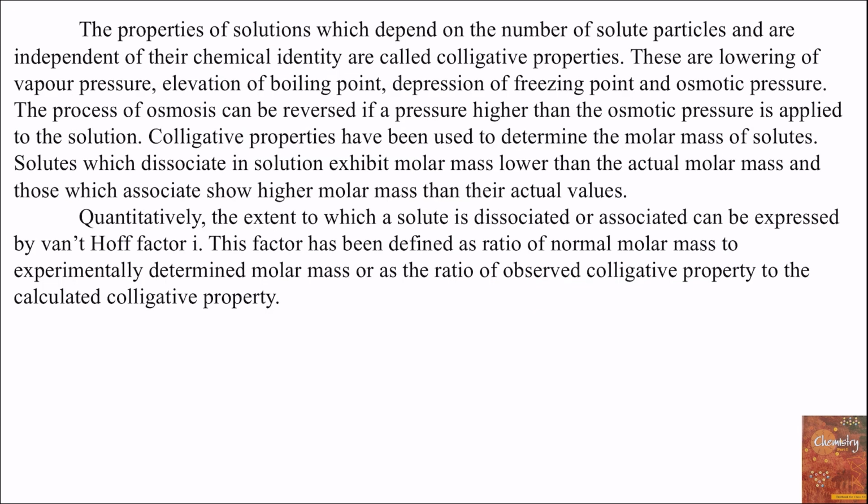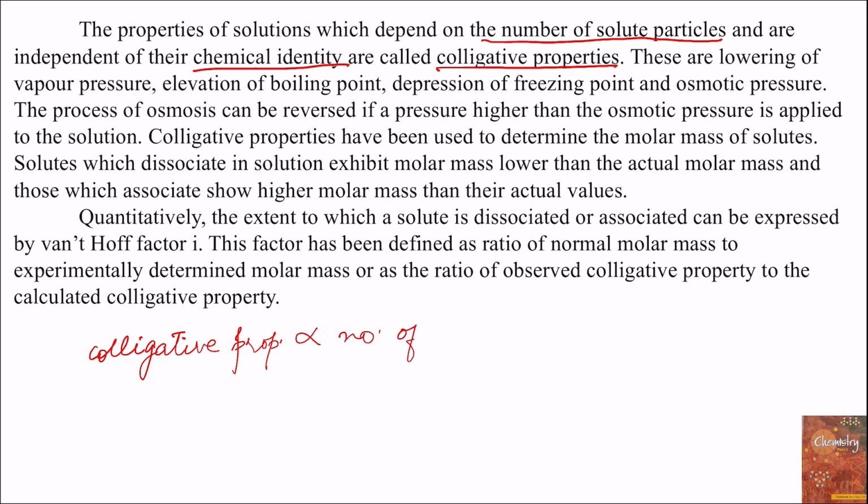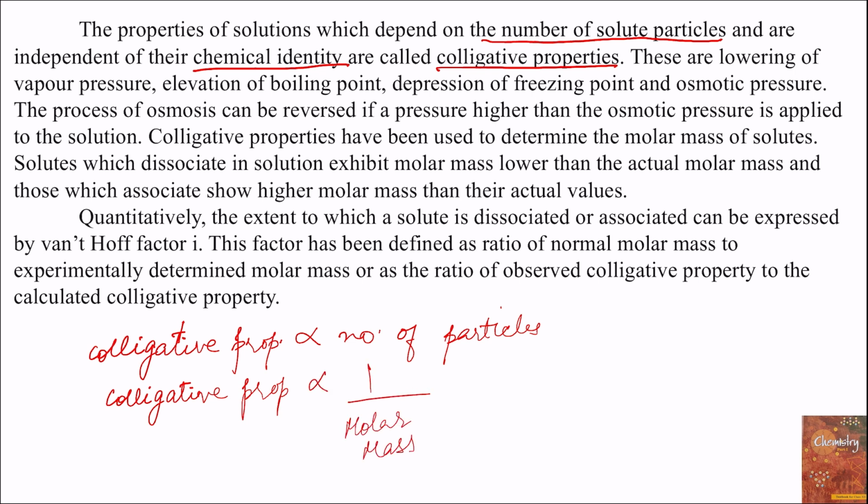The properties of the solution which depend on number of solute particles and are independent of their chemical identity are called colligative properties. Means colligative property is directly proportional to number of particles and inversely proportional to molar mass.